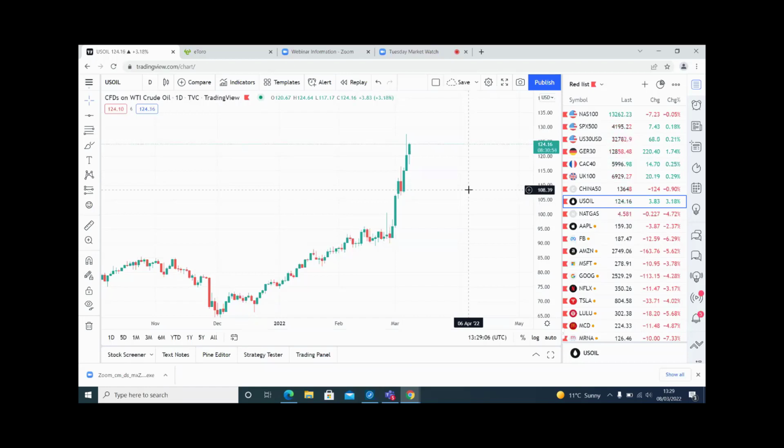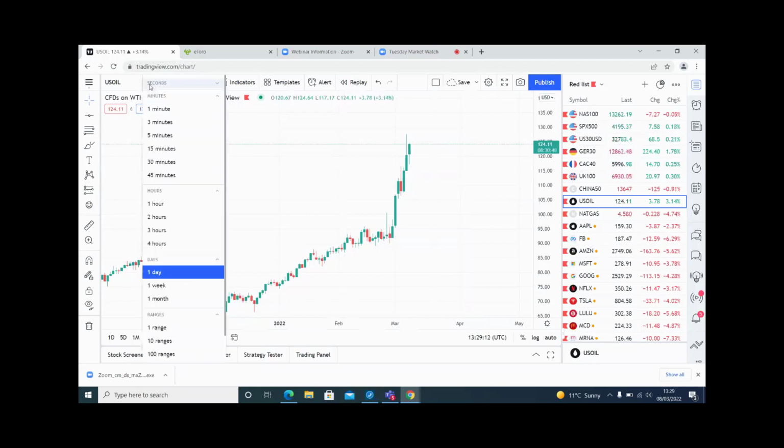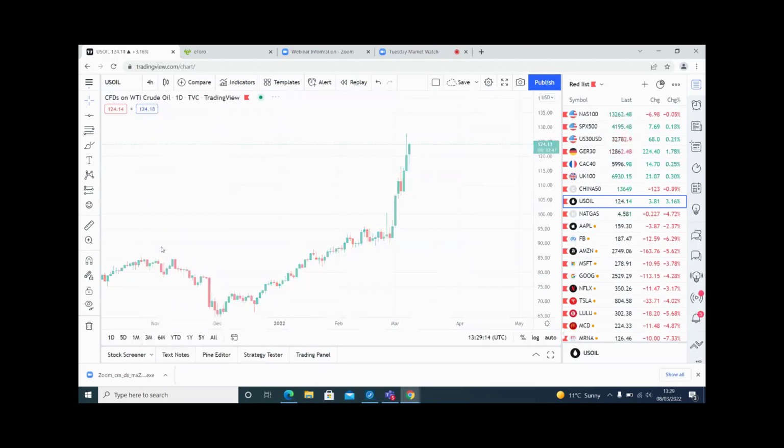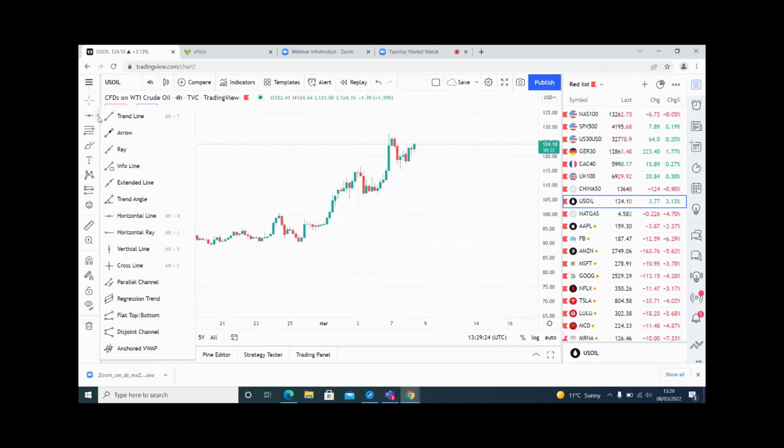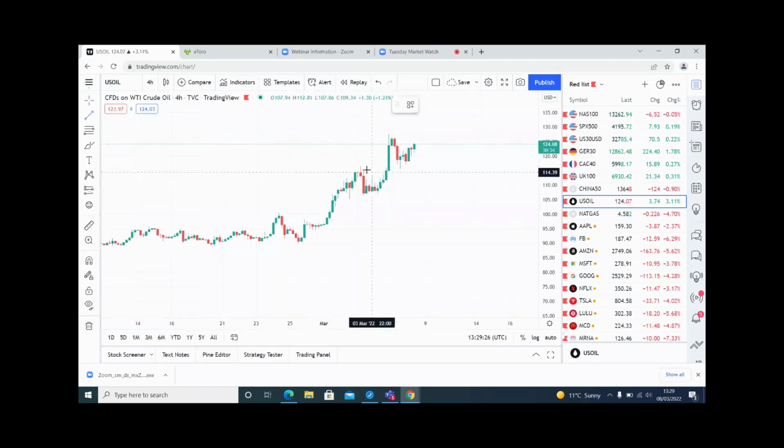That's basically it. So if I drop down here to the smaller time frame, we can see that we're getting cyclicity, aren't we? We're getting cyclicity. There was a break and retest right there.